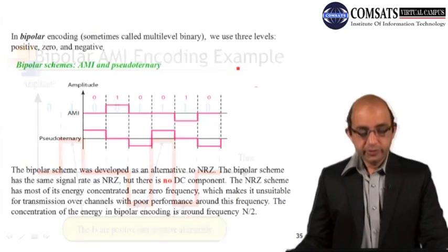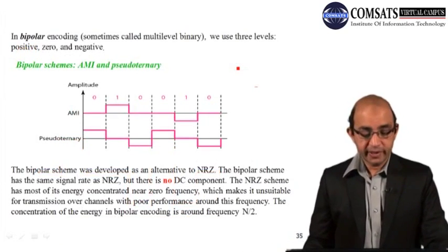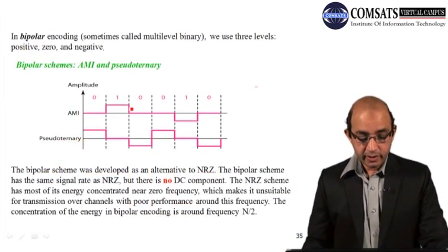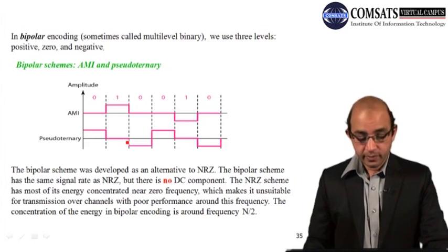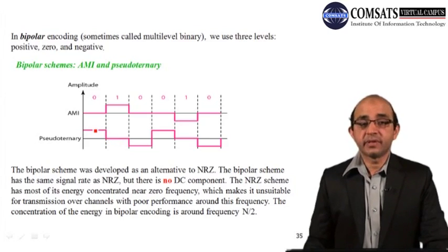So here we have some sort of comparison between AMI and pseudo ternary. You can see here, in AMI, if 1 is represented by this voltage level, the next one will be represented by the inversion of this voltage. So this is plus and this is negative. If we talk about pseudo ternary, you can see over here that we are focusing on zeros. The absence of voltage means 1 and the presence of voltage is represented by 0.